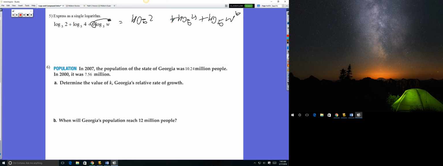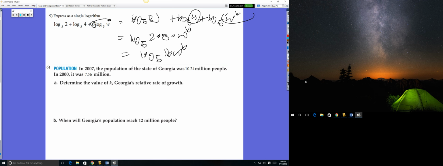Okay, now logs, they all got the same base, and you're adding. So addition is linked to multiplication in powers and logs. So I'm going to take log in base 5 of this portion, the 2, times this portion, the 8, times this portion, the w to the 6. So it is going to be log in base 5 of 16 w to the 6.